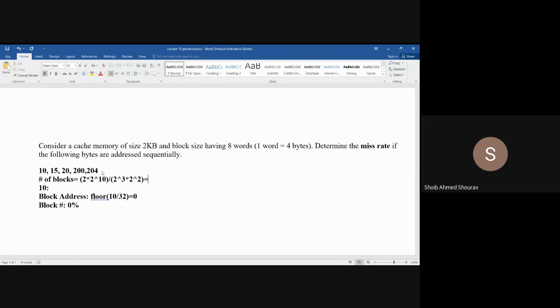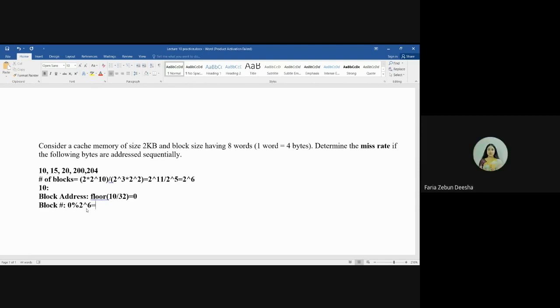So actually it is 2 to the power 11 divided by 2 to the power 5, so the number of blocks is 2 to the power 6, right? Yes, sir. So 0 mod 2 to the power 6, what will be the result?